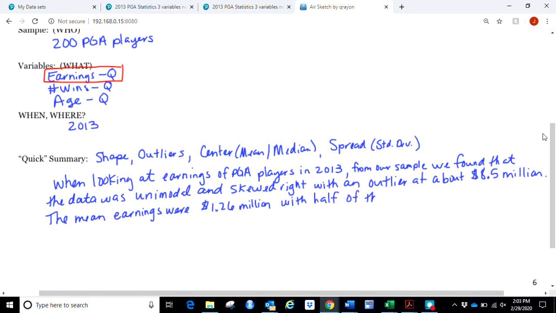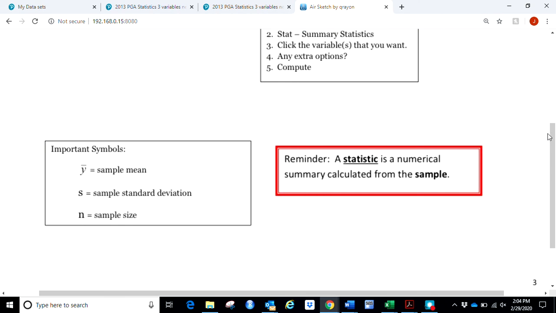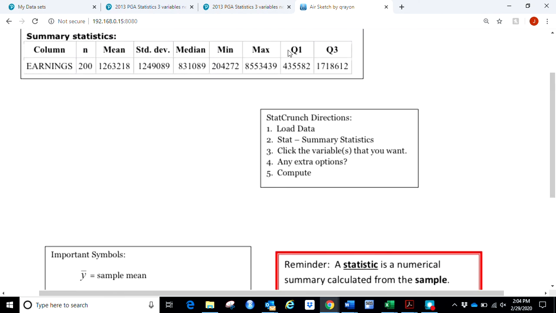So half of them had earnings less than our median, which was $831,089. And again, I'm just getting that from our StatCrunch output here that we have.